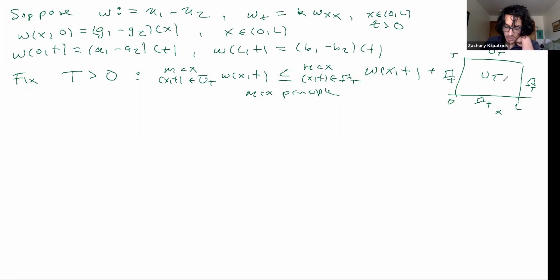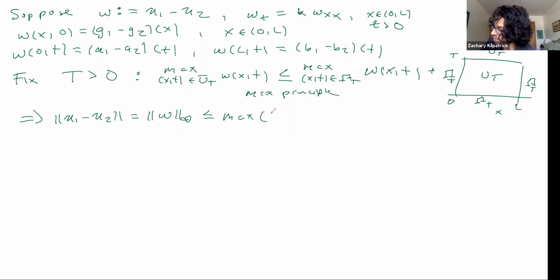Well, what does this imply? This essentially implies that if I take the norm of this result, then the infinity norm of w should be bounded from above by the max over the infinity norms, essentially, of g1 minus g2, a1 minus a2, and b1 minus b2, okay?